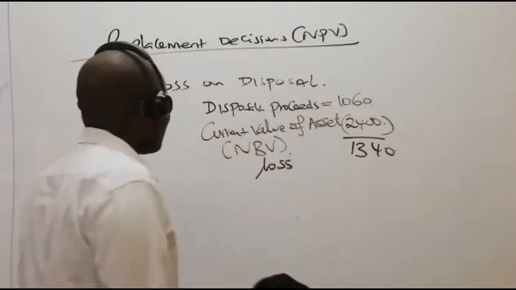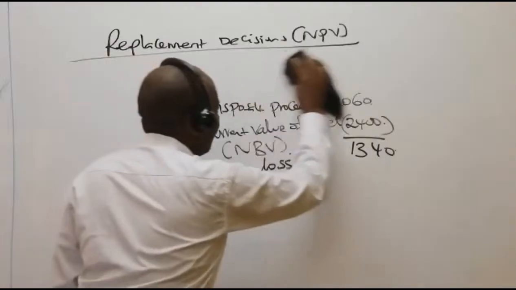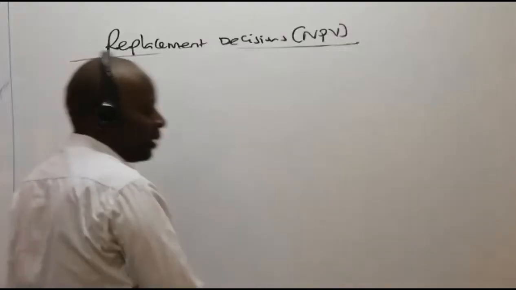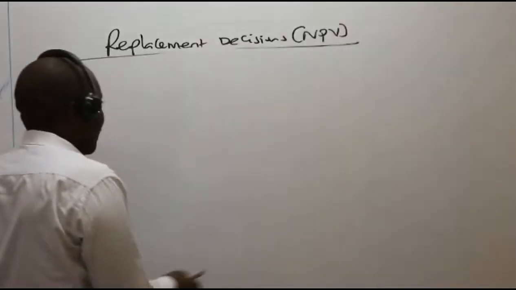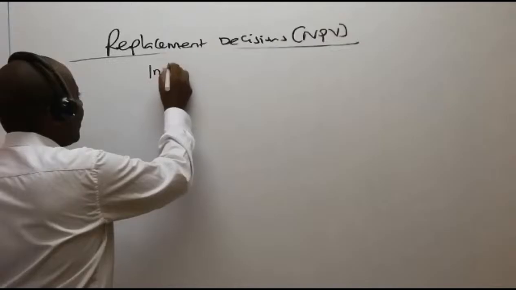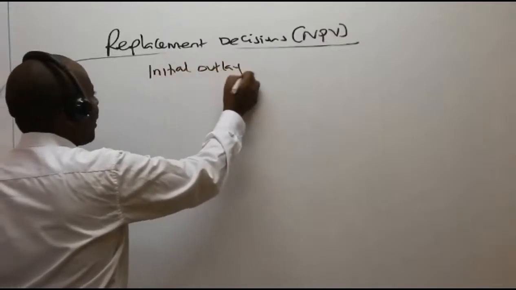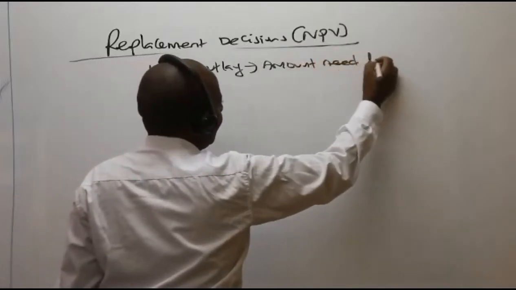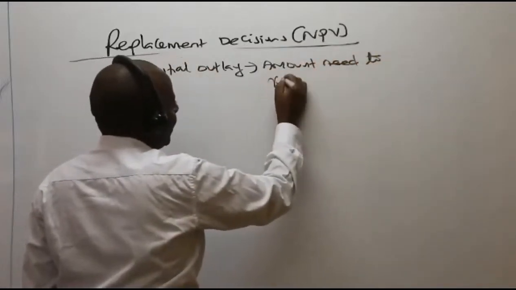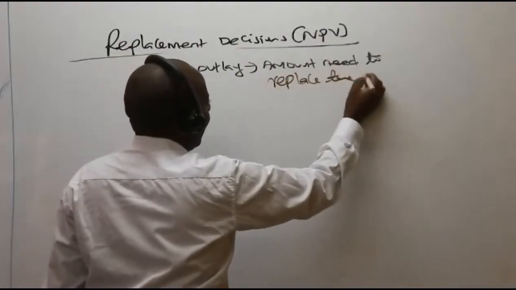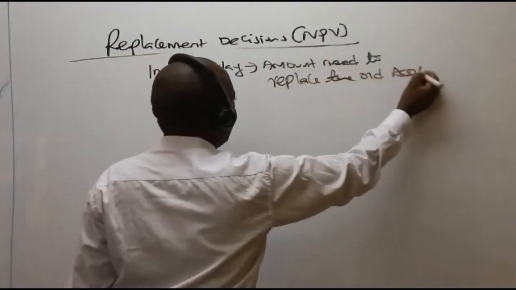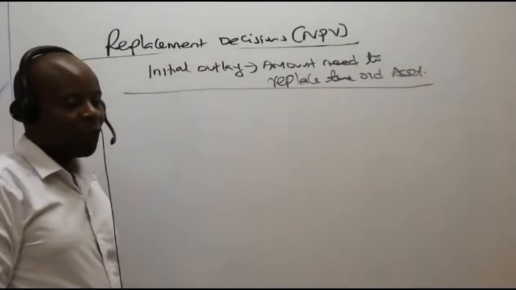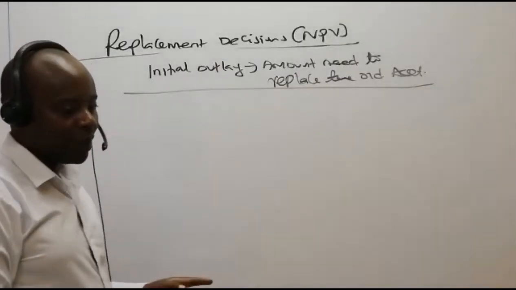Now from there, ladies and gentlemen, step number 2. Now come and give us step 2. This is step 1. This is the first step. So step number 2, come and give us the initial outlay. The initial outlay amount needed, the amount needed to do the replacement, to replace the old asset, the amount needed today in order for us to replace the old asset.